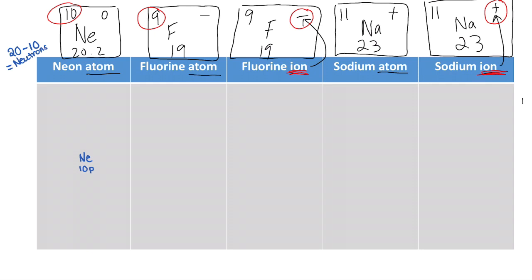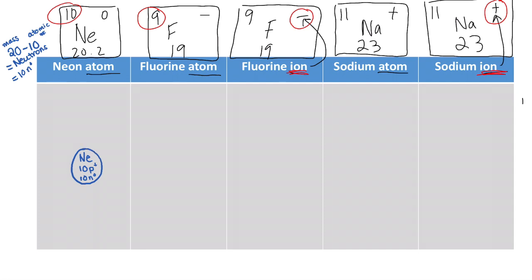So that is mass minus the atomic number. That means we have 10 neutrons, and we symbolize that with n naught, so n to the power of 0 essentially. So this is our nucleus.